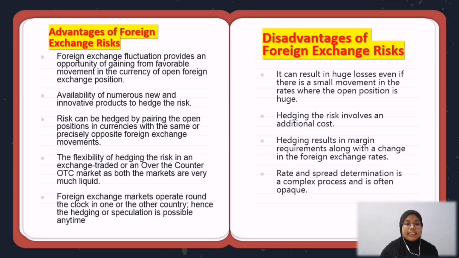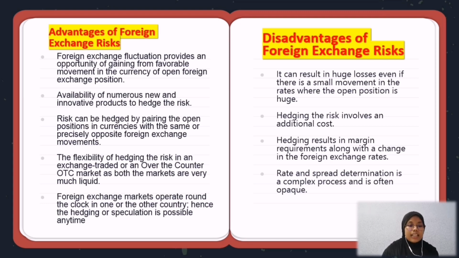Okay, next, advantages and disadvantages of foreign exchange risk. For advantages, first, foreign exchange fluctuation provides an opportunity of gaining from favorable movement in the currency of open foreign exchange positions. Second, availability of numerous new and innovative products to hedge the risk. Third, risk can be hedged by pairing the open positions in the currency with the same or precisely opposite foreign exchange movement.